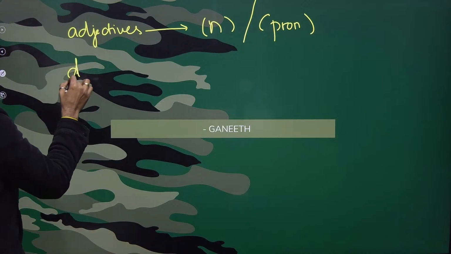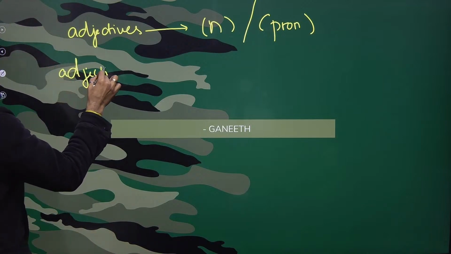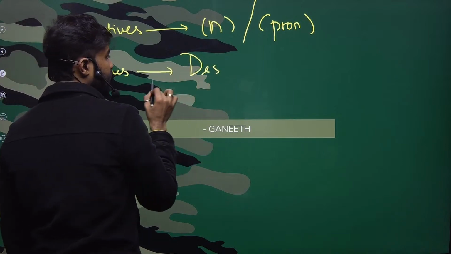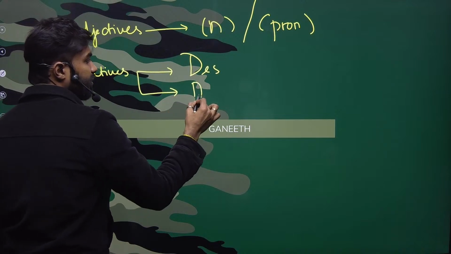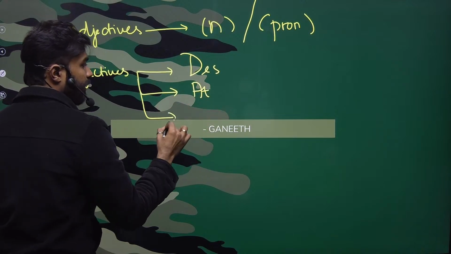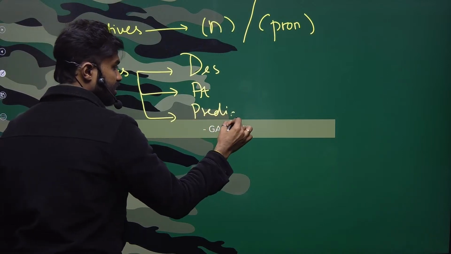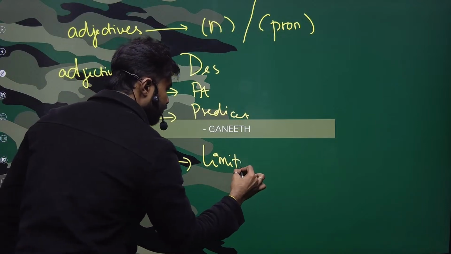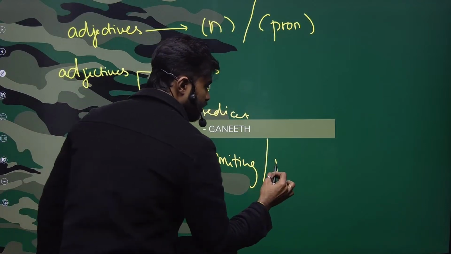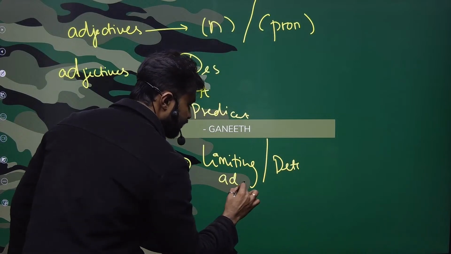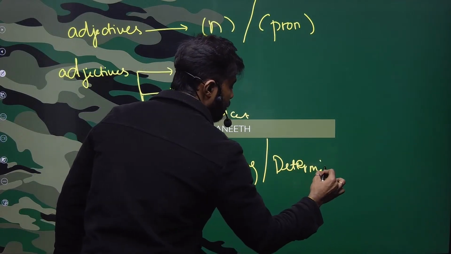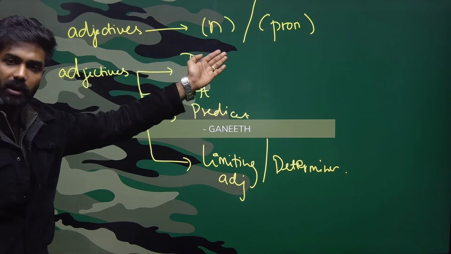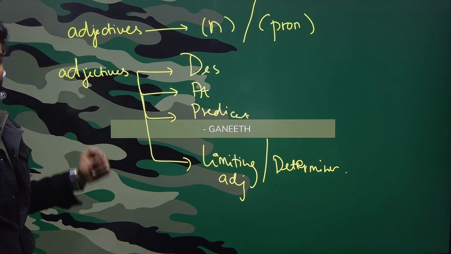And adjectives, we have descriptive adjectives, we have attributive adjectives, we have predicate adjectives, we have limiting or determiners. Limiting adjectives or determiners. Okay. So adjectives are those words which will modify only my nouns and pronouns. And what are the types of adjectives we have?